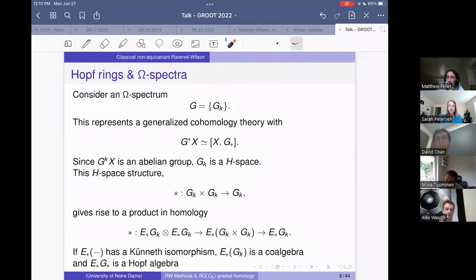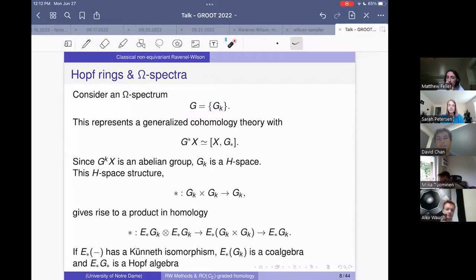And one place Hopf rings arise in homotopy theory is in the study of omega spectra. So we could consider an omega spectrum G. This consists of a sequence of spaces together with some structure maps between them.